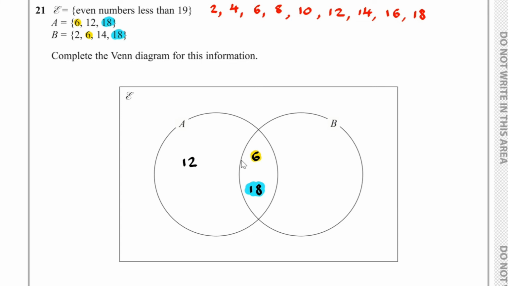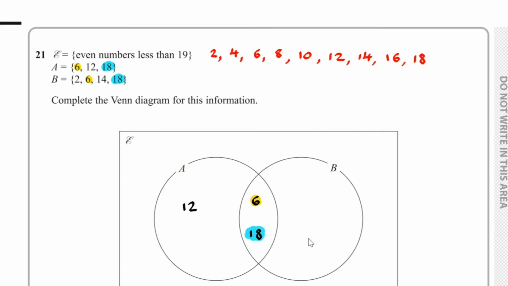So let's cross off the 12 from here. What goes in B only? Well, we've got the 2. Let's cross that off. And we've also got the 14. So let's cross that off.